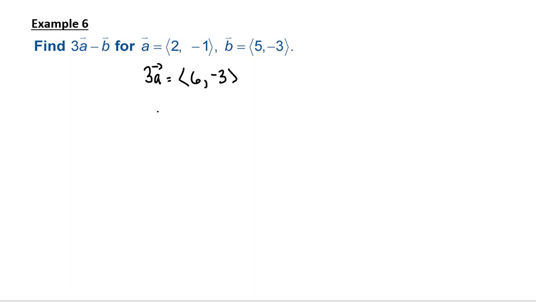Then I have to do 3a, 6, -3, minus b, which is 5, 3. So 3a minus b is 6 minus 5, -3 minus 3 — my result is a 1, -6. So that's my video on vectors. Thank you for watching.